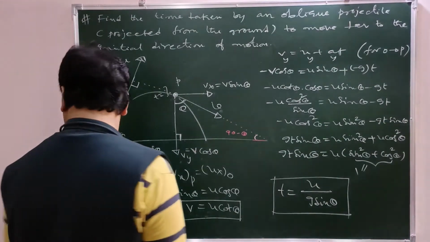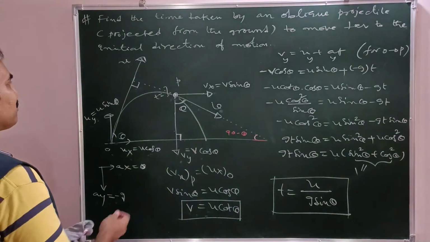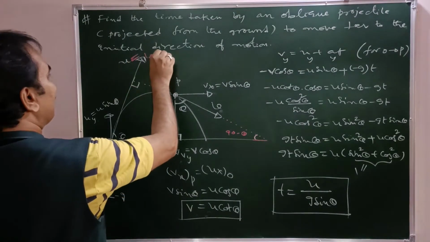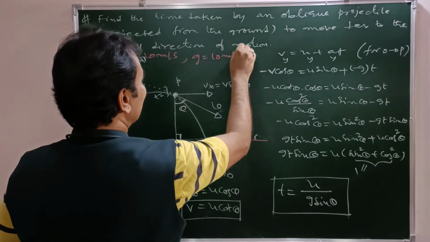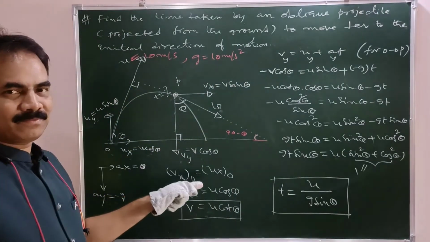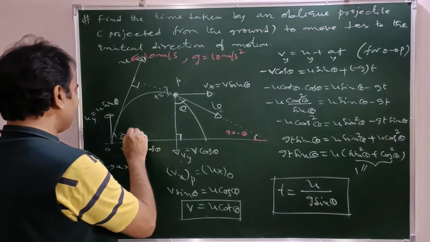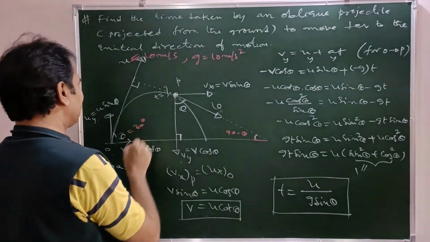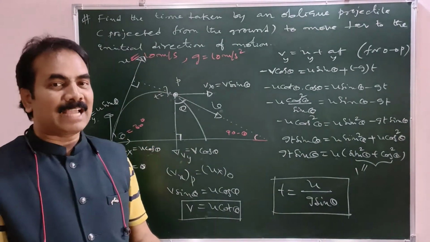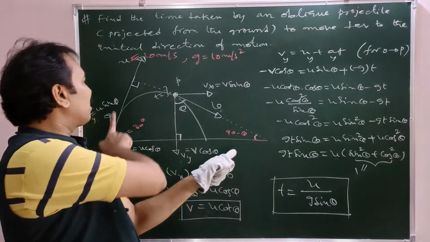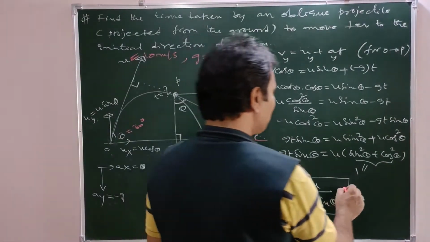So coming to the numerical, suppose U equals 10 meter per second, for example, and g is 10 meter per second square. Now find the time. Here theta is 30 degrees. For this projectile with these numbers, find the time after which it moves perpendicular to the initial direction of motion. T equals U by g sin theta.